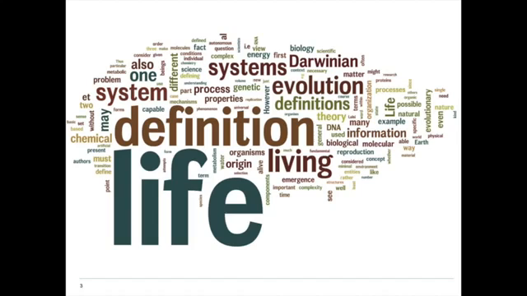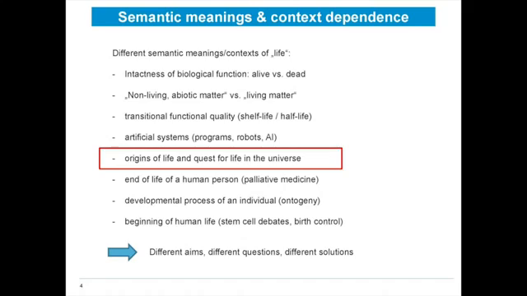Obviously for the citations. When we talk about definitions of life, I think we have to look at the different semantic meanings that are behind the term life. The term life is very heterogeneous in the way it is used in language, so there are different ways of thinking about life.